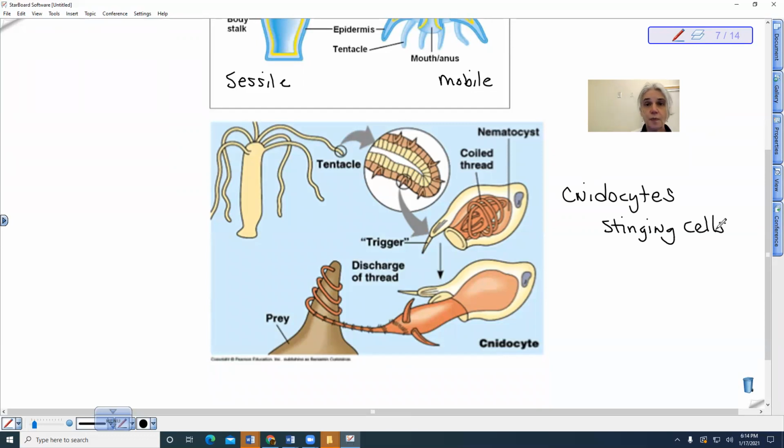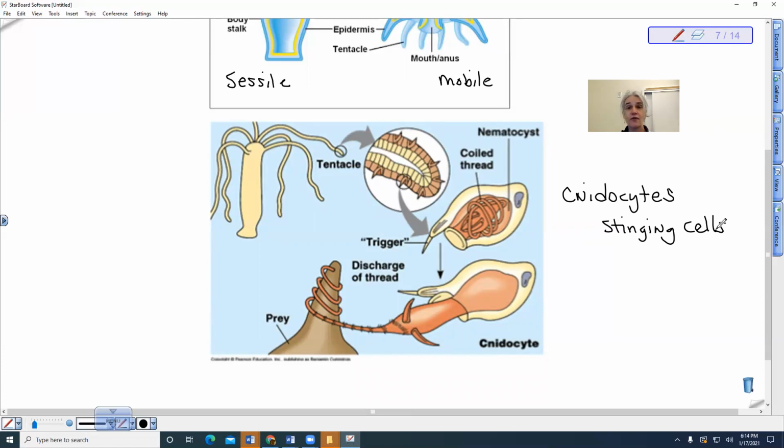These are really cool because they're individual cells that have a mechanism, a trigger, and a kind of harpoon, a hollow barb structure that comes shooting out of the individual cell, and it then penetrates the prey, and it can actually immobilize the prey.